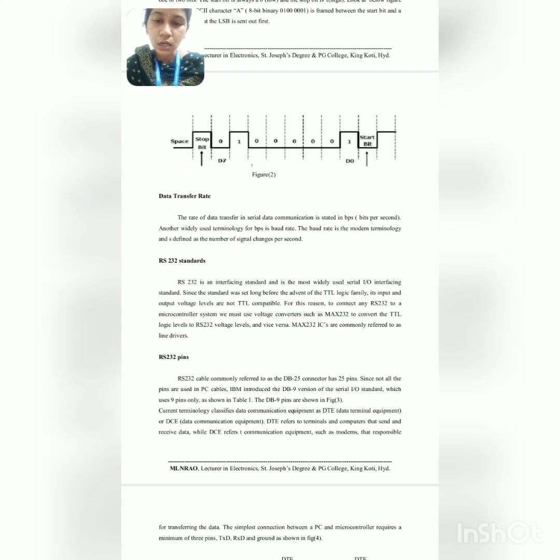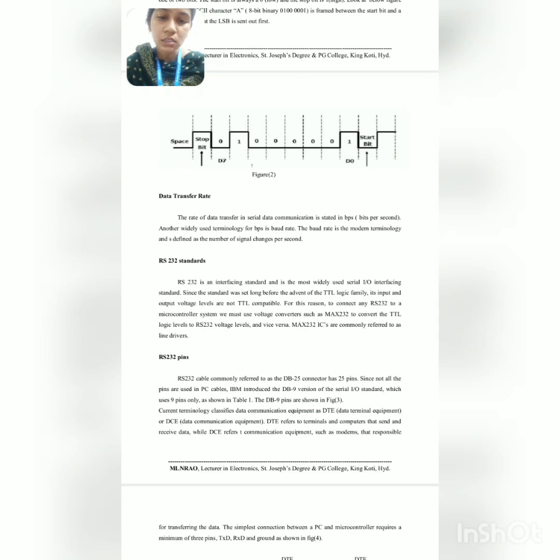RS-232 is an interfacing standard and is the most widely used serial I/O interfacing standard. Since the standard was set long before the advent of the TTL logic family, its input and output voltage levels are not TTL compatible.